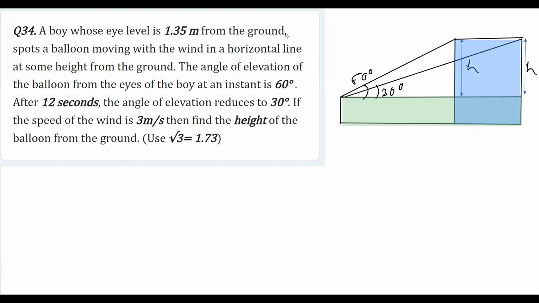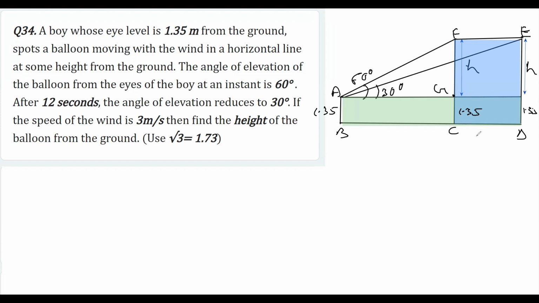We are also given the height of the point of observation, which is 1.35. Throughout it's going to be 1.35. I haven't named it. Let me name it A, B, C, D, E, as E, right? This is F. Take this point as G here.